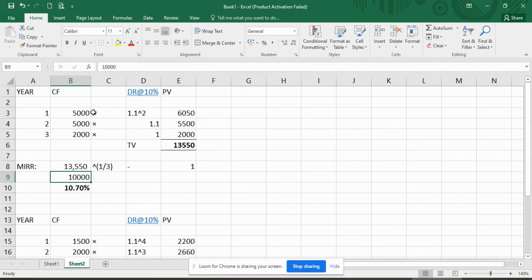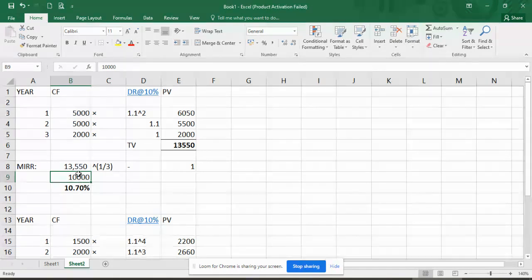So 5,000 times 1.1 to the power of 2, you get 6,050. Then the 5,000 from year 2, you reinvest only 1 year, therefore 1.1. 5,000 times 1.1 is 5,500. The 2,000, we no longer have any time to reinvest, that's why it's 2,000. Add these together and you get the terminal value.